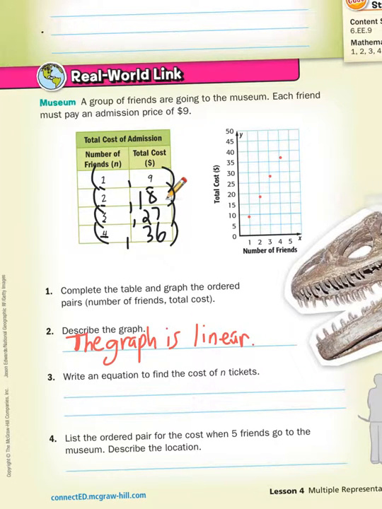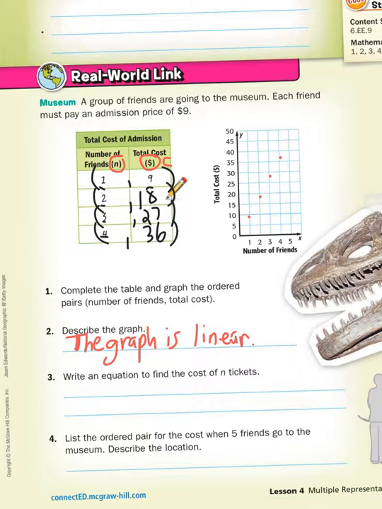Okay, write an equation to find the total cost of n tickets. Now remember when we wrote equations, we said always start with y equals. Now notice this time they're using different variables. So n is the number of tickets, and for the total cost, we're not going to use a dollar sign. We could use maybe C for total cost.